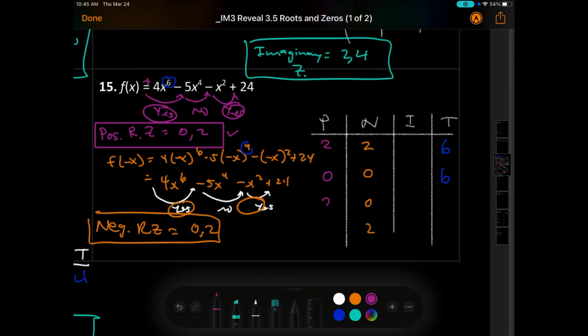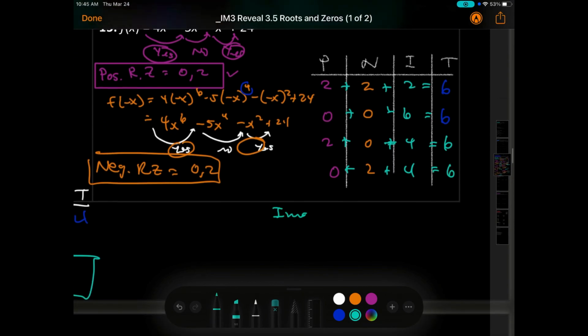Or you could put the 2 and then 0 there. Because this would be 2 plus 2, that would be 2 imaginaries. You can have 6 imaginaries. You can have 4 imaginaries. So the imaginary zeros are going to be 2, 4, and 6. You just have to think of all the combinations.